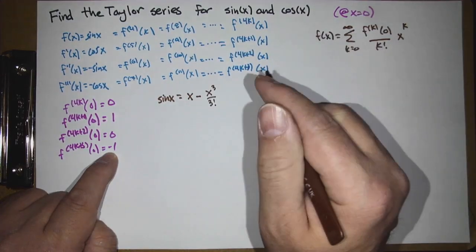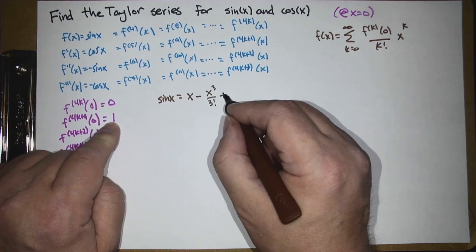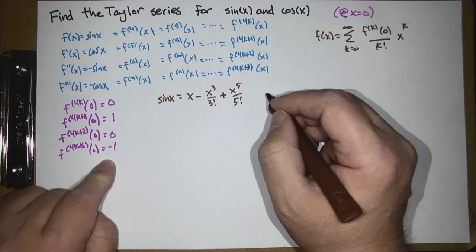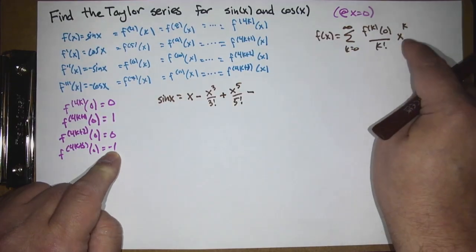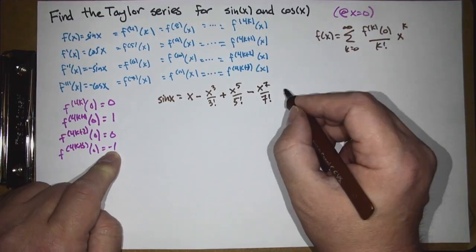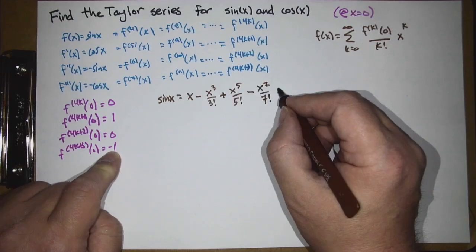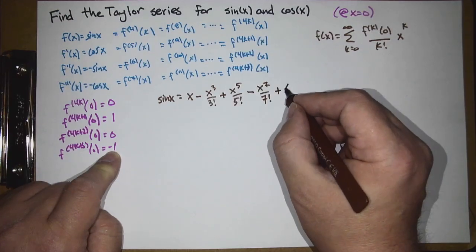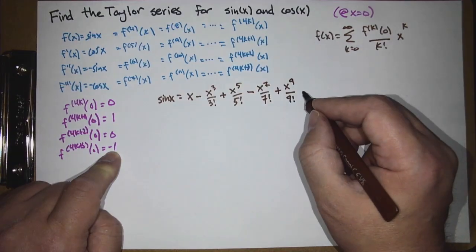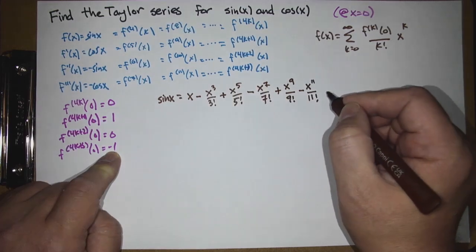Then 4 will be 0. 5 is a 1, so plus x to the 5 over 5 factorial. 6 is back to 0. 7, there's a minus: x to the 7 over 7 factorial. What's the next term? 9, plus: x to the 9 over 9 factorial. The next term is 11: minus x to the 11 over 11 factorial. And it keeps going.